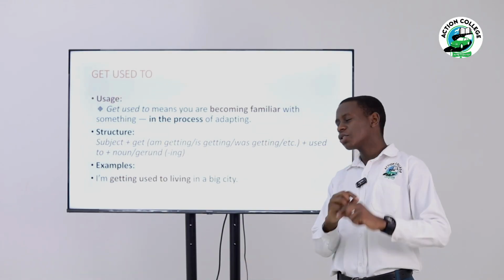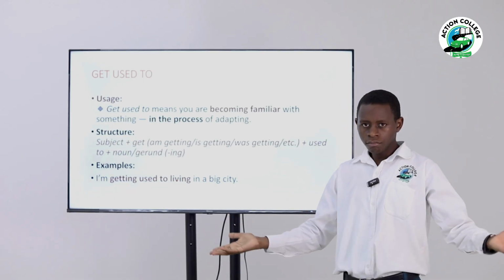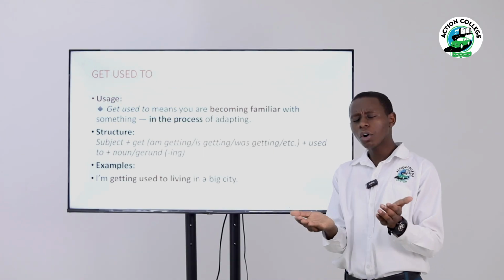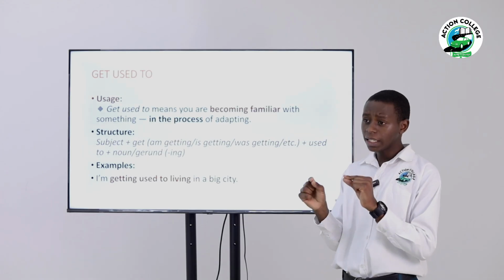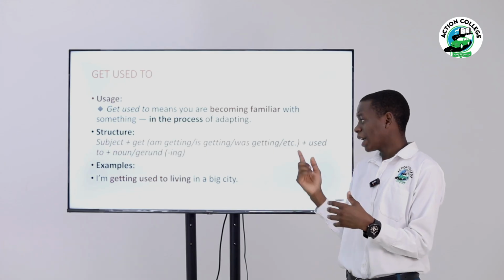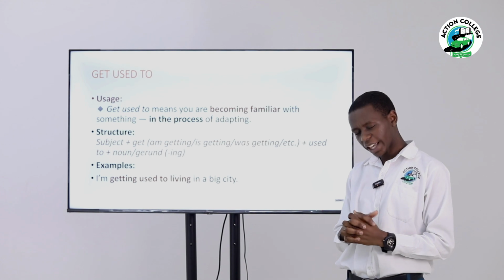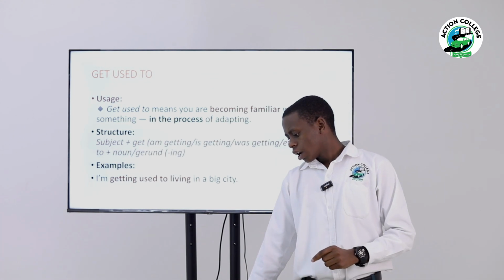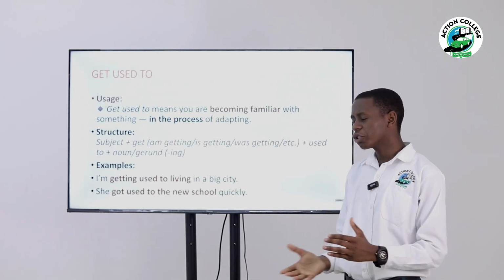So I encourage you to use this because it's very important in speaking. Normally we show something we are able to do, something we are familiar with. But if you think that you are not familiar with something, you can say I'm not used to something. But if you are becoming familiar, you can say I'm getting used, and follow it with a gerund. And you can also give this example: she got used to the new school quickly.